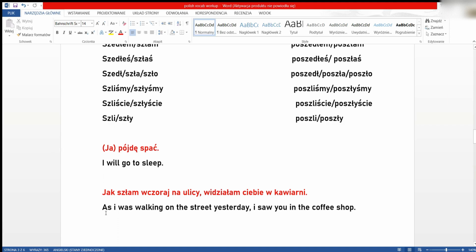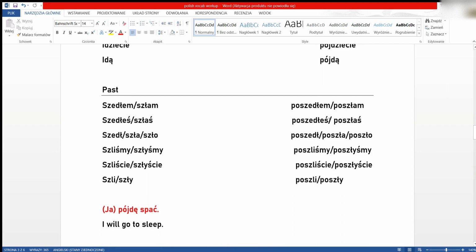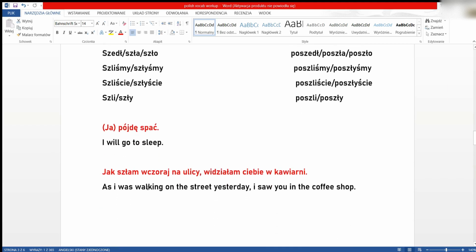You could say jak poszłam wczoraj na ulicę. No one is going to tell you that it's wrong, but the most correct form is jak szłam, because you're saying while in the process of walking yesterday, I saw you. However, if you say jak poszłam, it changes the meaning a little bit, and it's not as accurate as szłam.